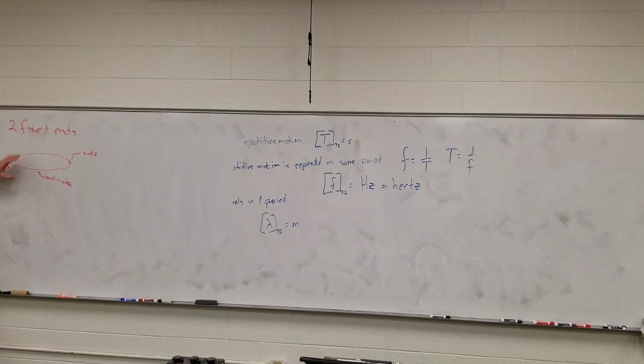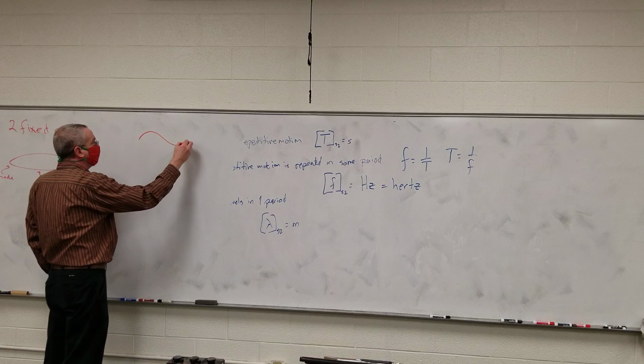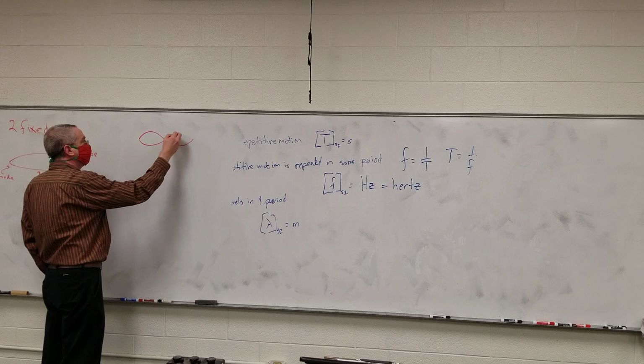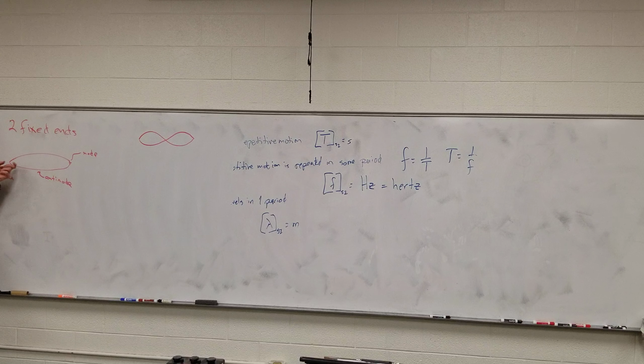Now, a rope cannot be in both places at once. This is just the way that is typically drawn so that it's very clear that this is the point where it swings the widest. So in the middle, it would be oscillating back and forth between these two spots. So if a full wave looks like that, how many waves is this?